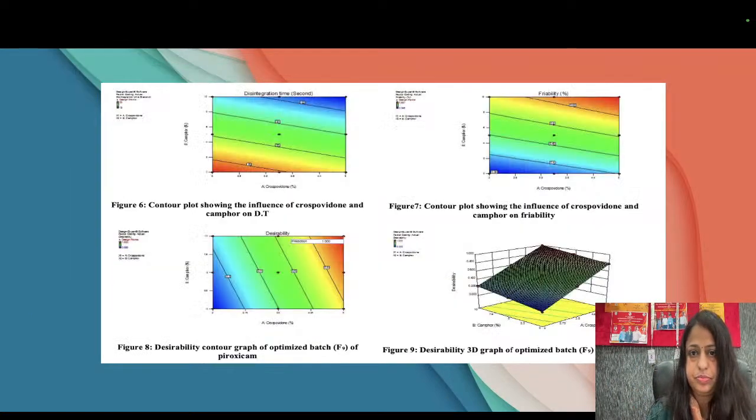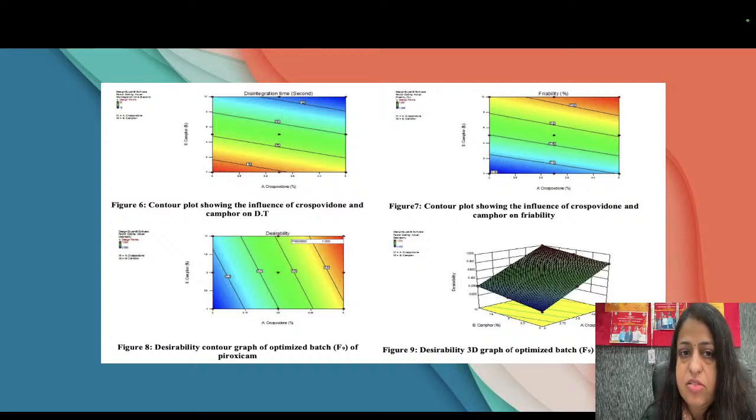Clear? So these are the response surface graphs. Here the first 3 are the contour graphs, where you can see one factor, cross povidone, is here in percent and camphor is here. So it is showing the effect of these factors on the disintegration time.